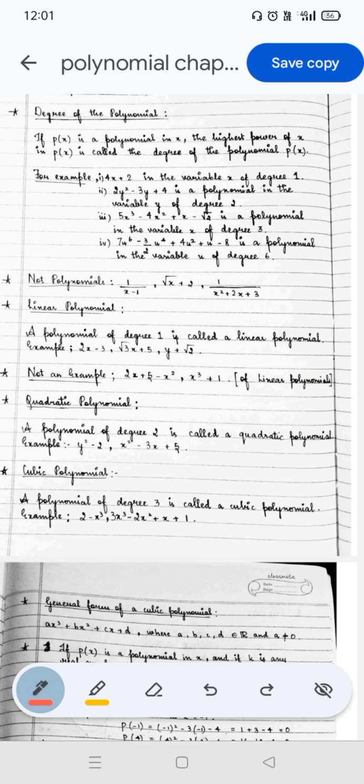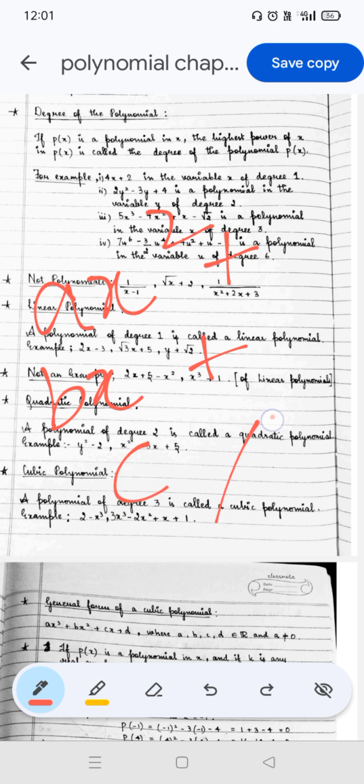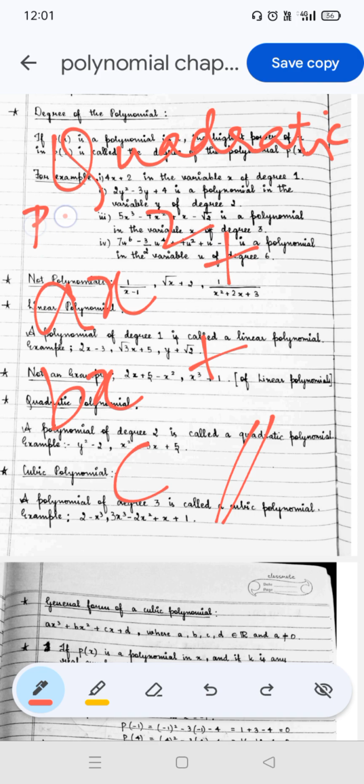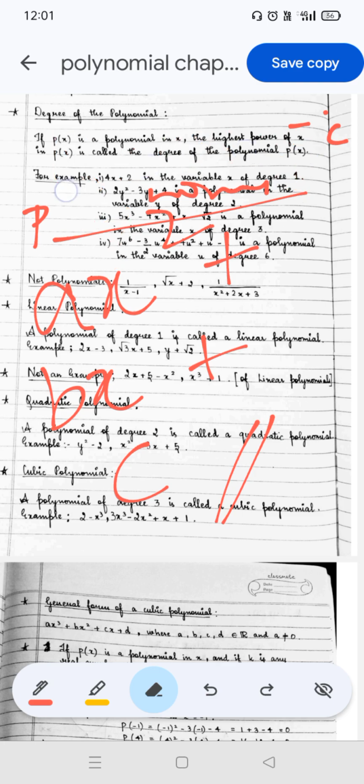And also we know that ax square plus bx plus c is the general form of quadratic polynomial. Similarly, we also have a general form for cubic polynomial.